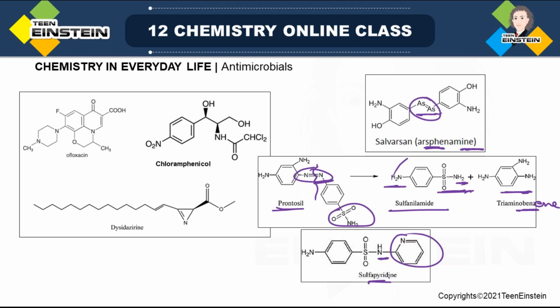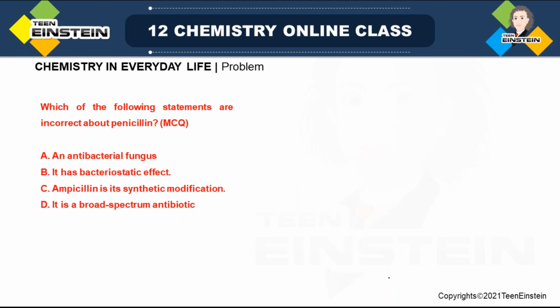So all these are examples of antibiotics. This is an MCQ question, where more than one option may be correct, but not necessarily. It may not be so. Which of the following statements are incorrect about penicillin? So penicillin we have just discussed. It is antibacterial fungus.